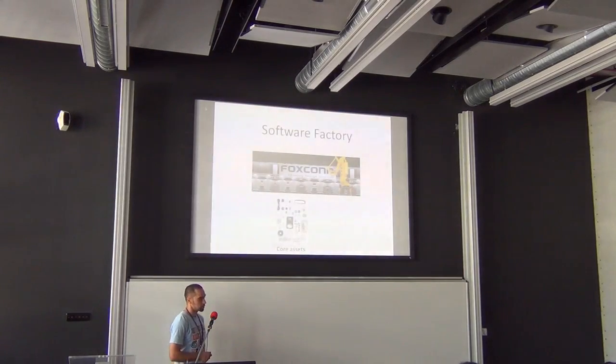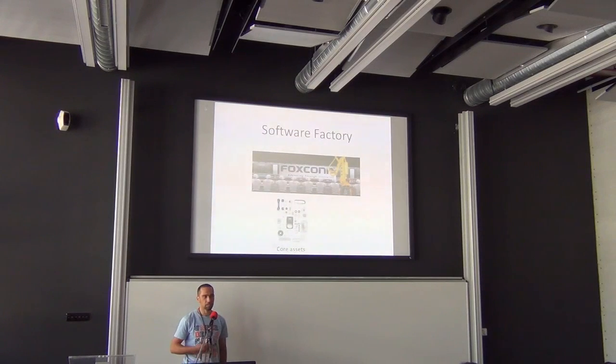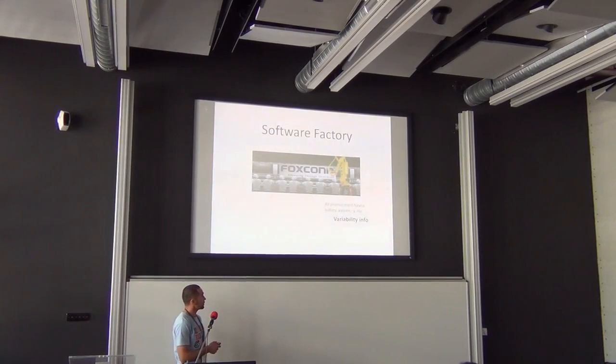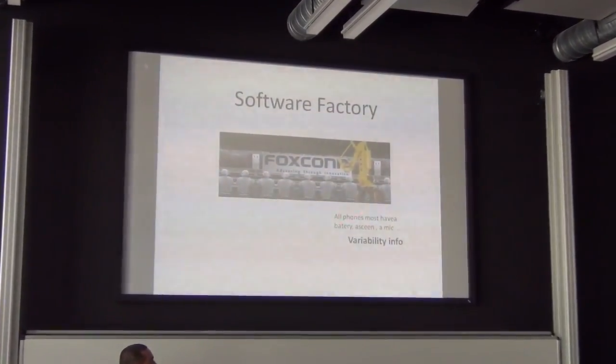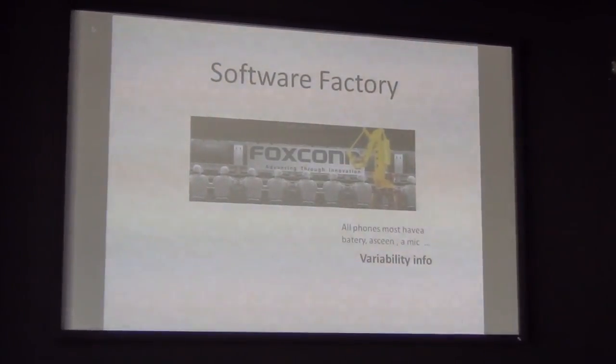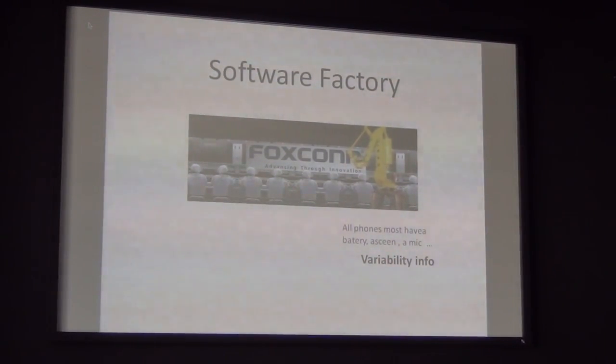So, a software factory is a set of methods and tools that use a set of core assets, which is something very usual in software development. But then you have this notion of variability information, or explicit variability expression. For example, one piece of variability information could be that all phones must have a set of common components, like a battery, a screen, a microphone, and things like that.